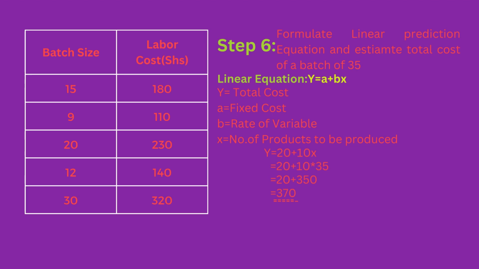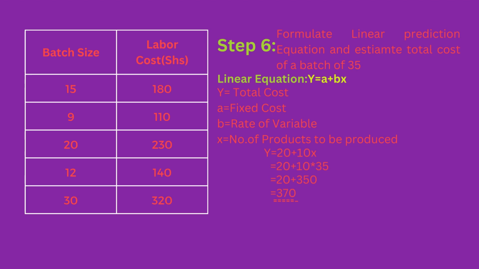So it will be 20, which is the fixed cost, plus 10, which is the rate of variable, multiplied by the number of products we want to produce, which is 35. So 10 multiplied by 35 is 350. So 20 plus 350 will give us 370.